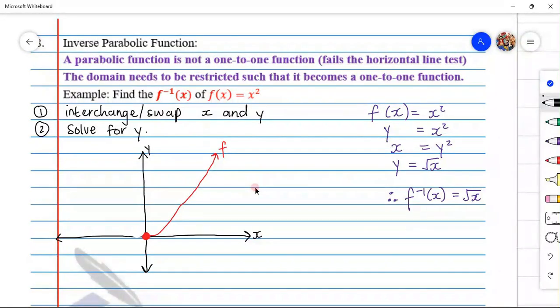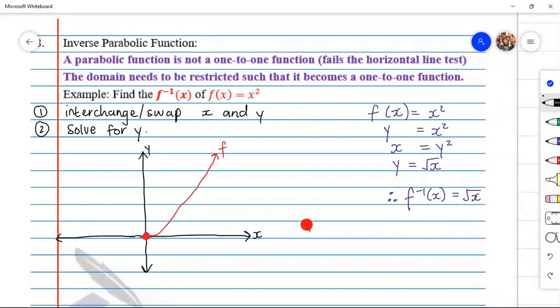The reason that we are making it equal to 0 is because if we were to substitute x equals 0 into our inverse function, we would end up with a y value of 0. So x equals 0 does not give us an error.